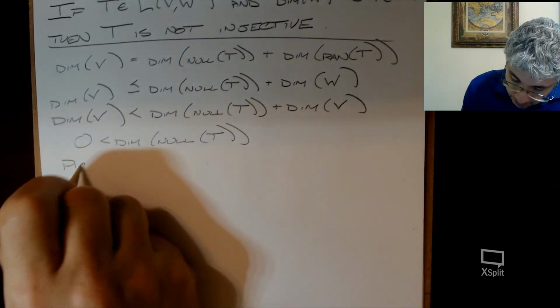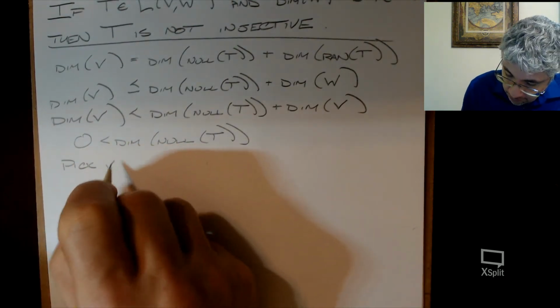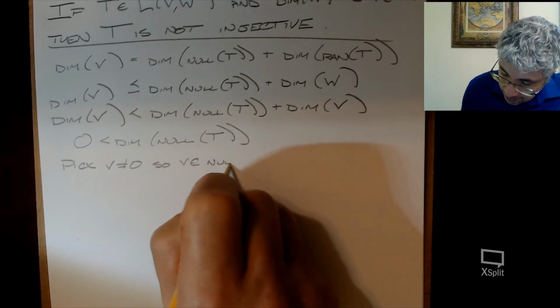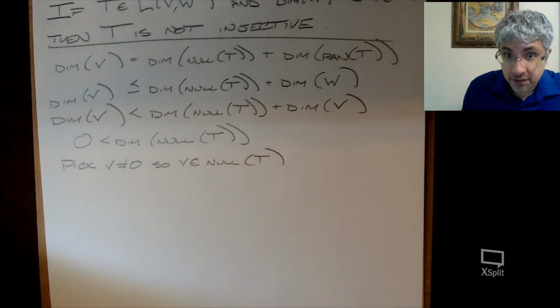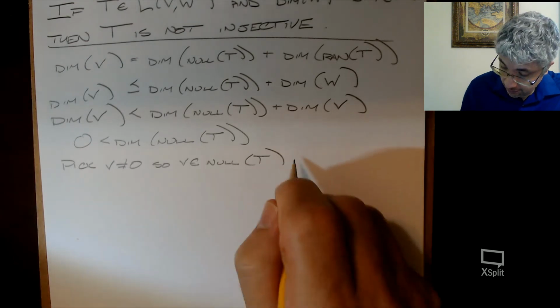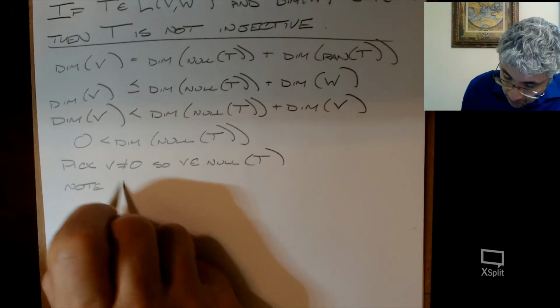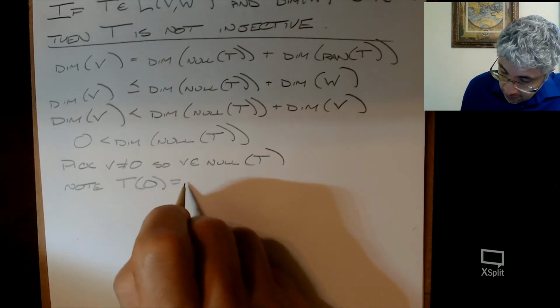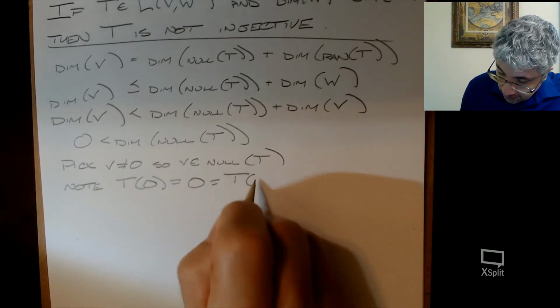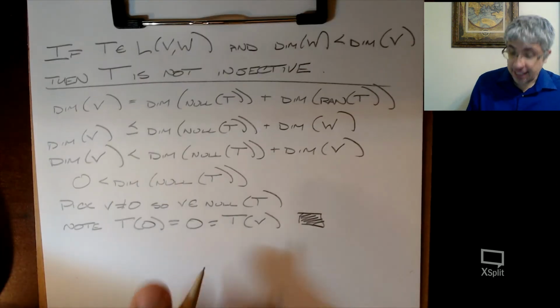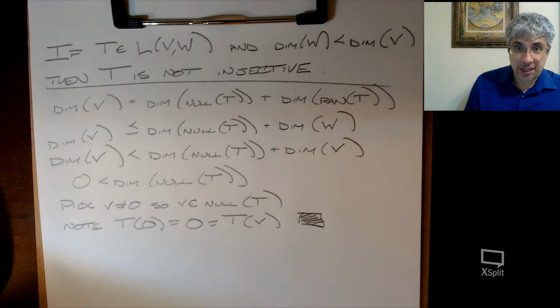So if you pick a v not equal to 0, v in the null space, which we can do because the dimension of the null space is not 0, then notice T of 0 equals 0, which is equal to T of v. And that shows that T is not injective.